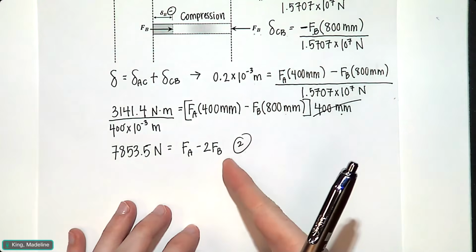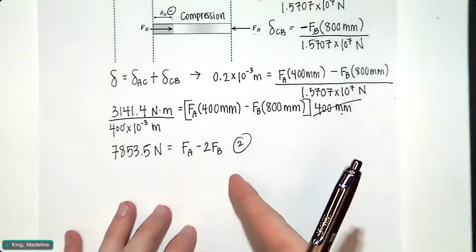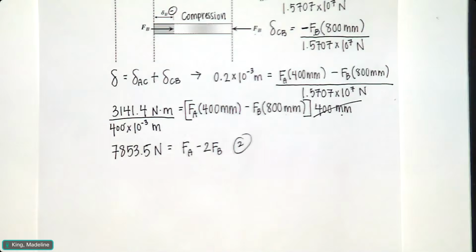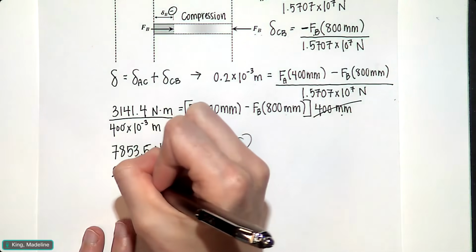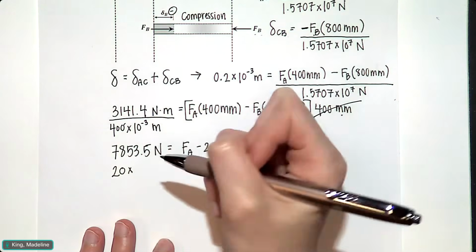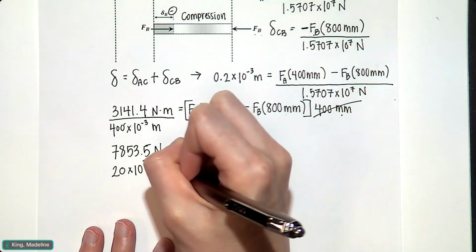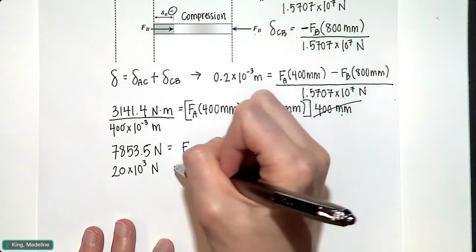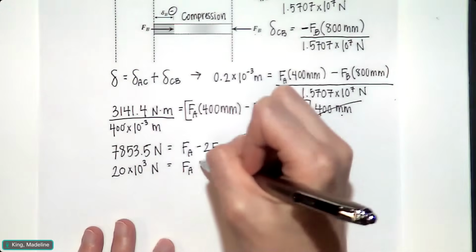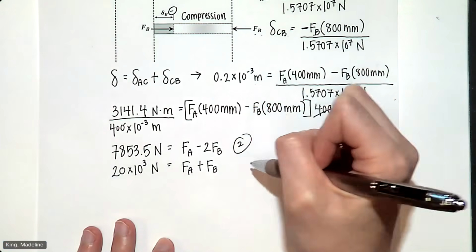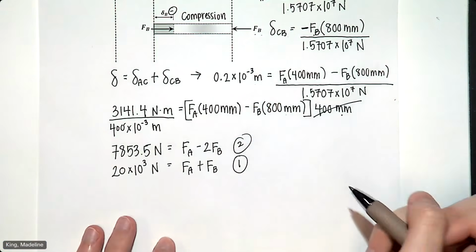So now we have another equation that we can use to solve for our forces with the first equation that we got. The first equation was 20 kilonewtons, so I'm converting that to newtons, times 10 to the 3. And that was equal to FA plus FB. So this was our first equation.